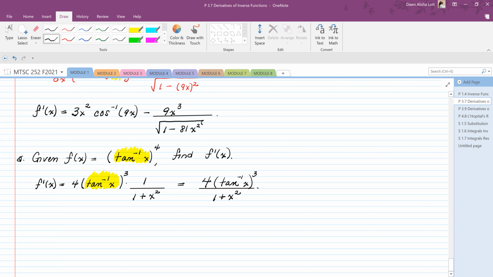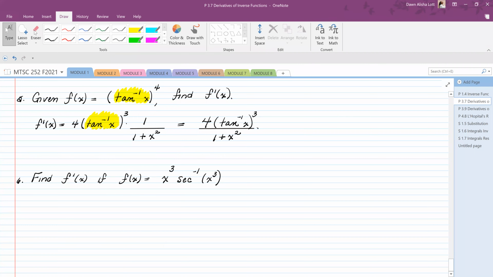Okay. Find f prime of x if f of x is equal to x cubed times the secant inverse or arc secant of x cubed.